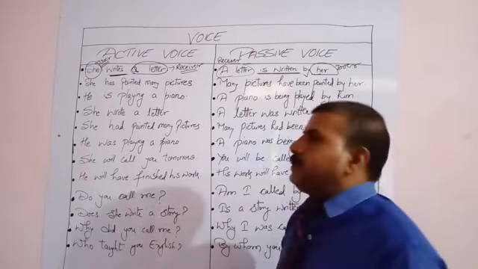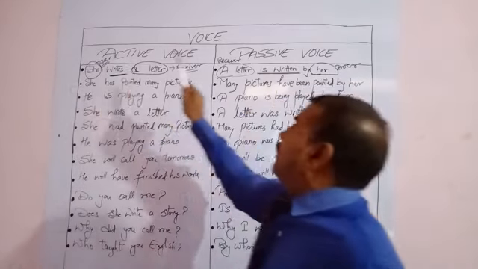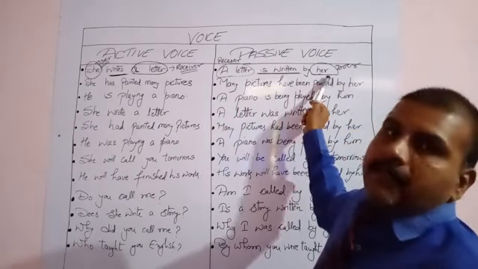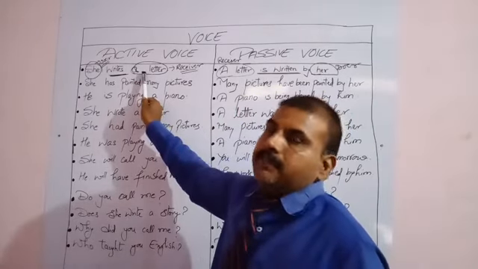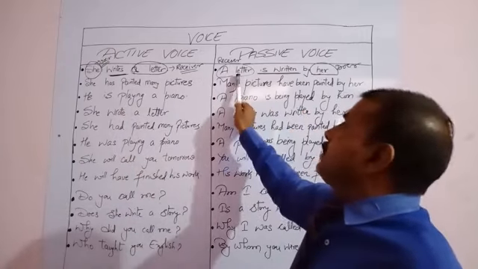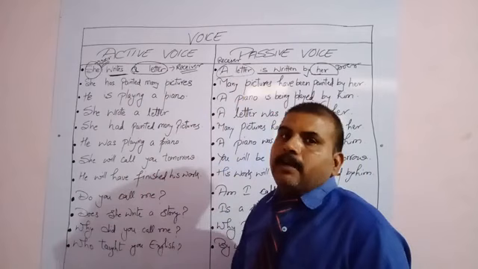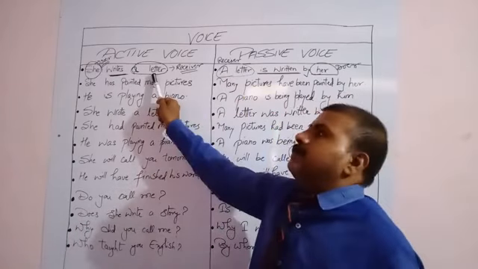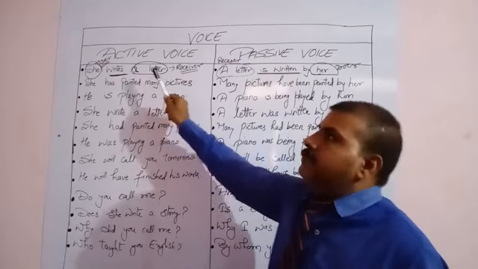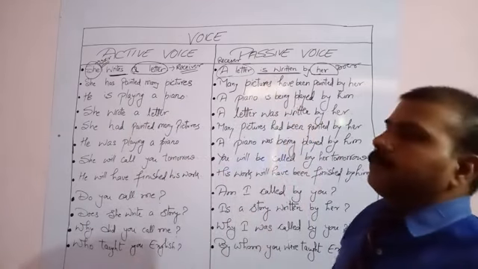The only change is what? The doer of the verb becomes the object in passive voice, and the receiver of the verb in active voice becomes the subject. This is the only change we have to make.